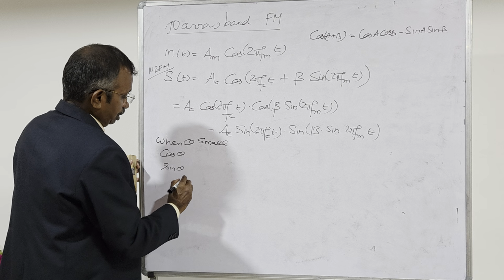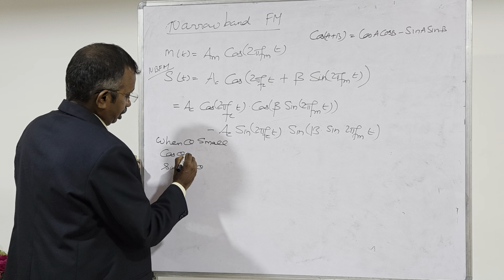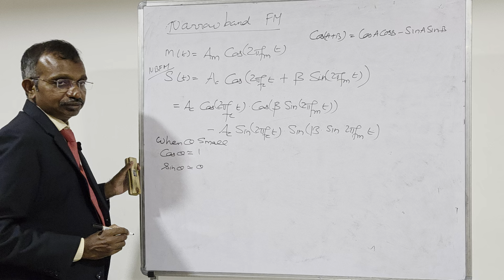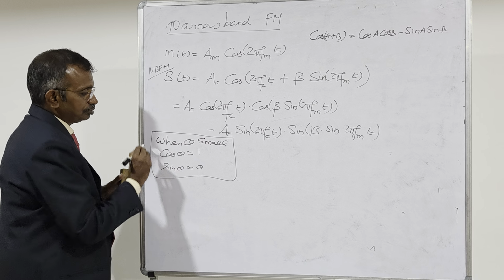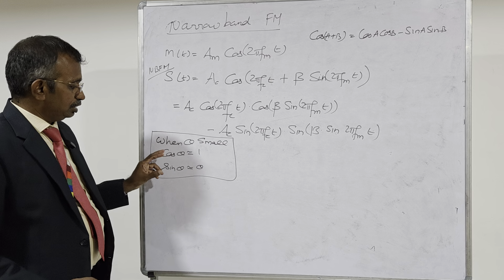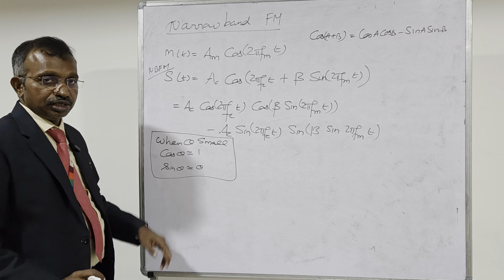When theta is small, sin theta is approximately equal to theta, and cos theta is approximately equal to 1. This is from trigonometry.